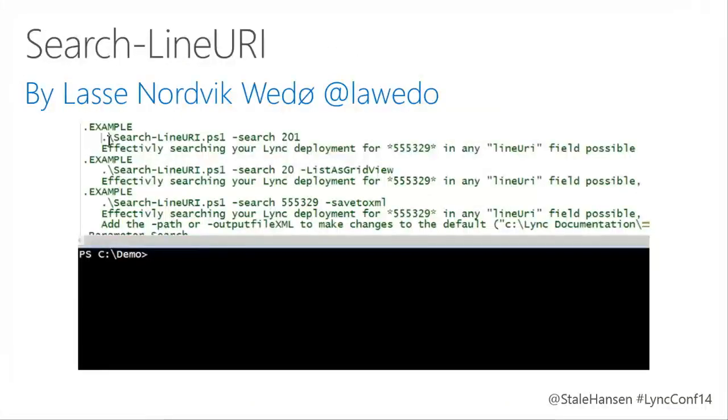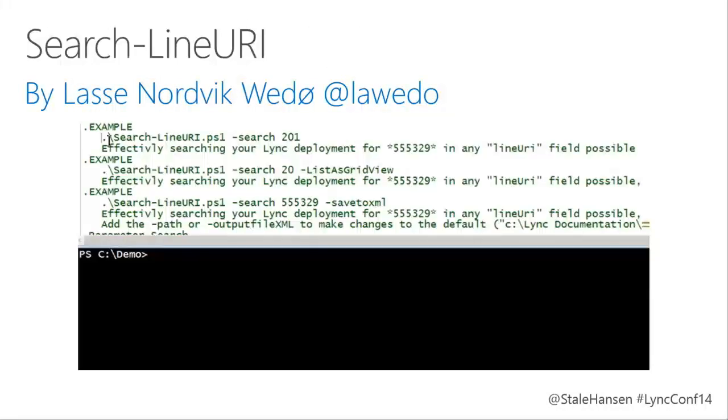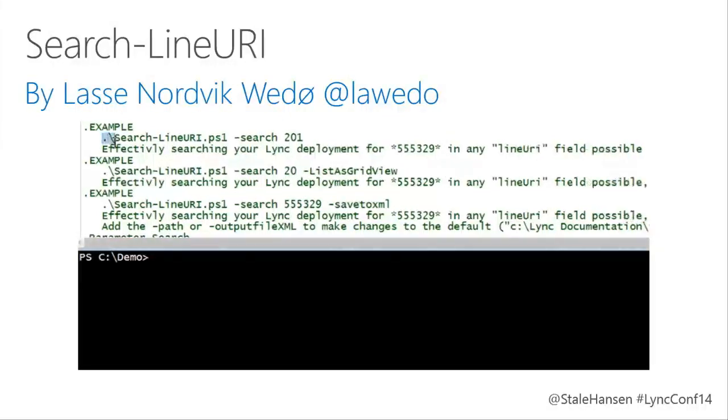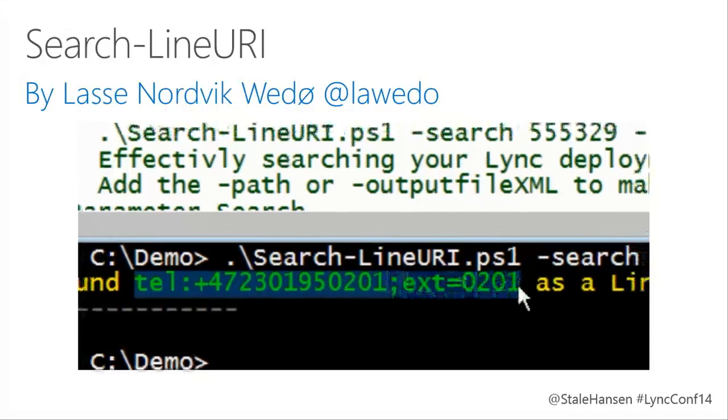He has also created another script called search line URI. The previous one was named get assigned line URI, which dumps all users. Here is a simple script to just search for a number assigned. Running it again, searching for every number having 201, which we saw was just one number.